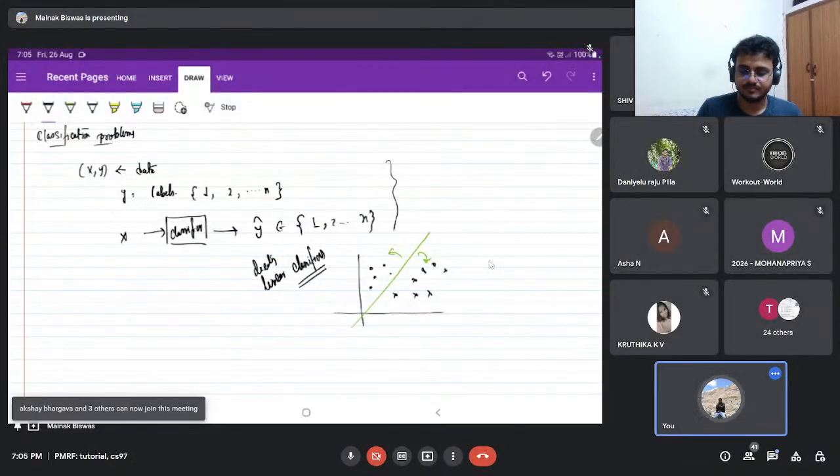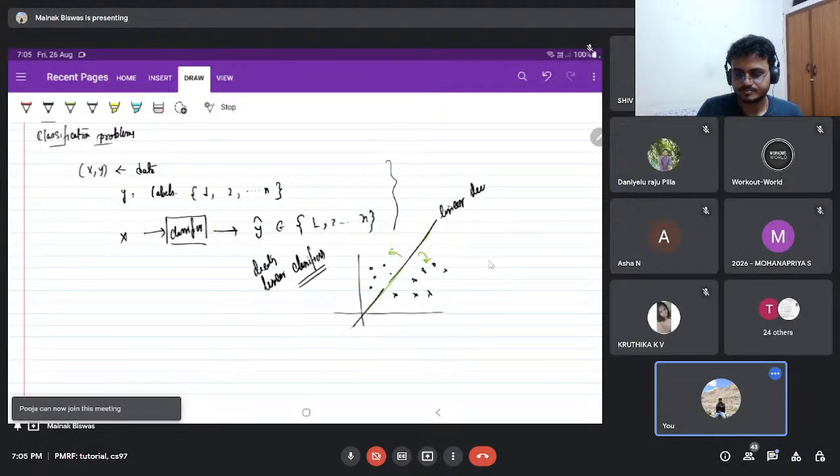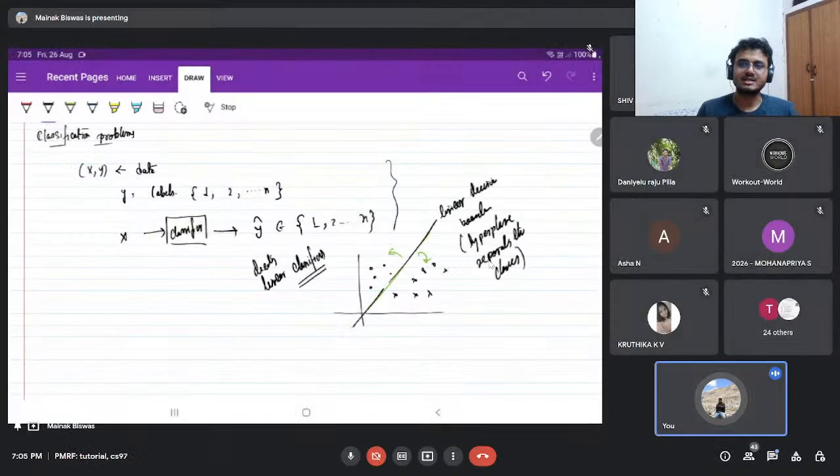Linear classifiers as in, we will try to have a linear decision boundary, or a hyperplane, separating the classes. In 2D, that's nothing but a line.